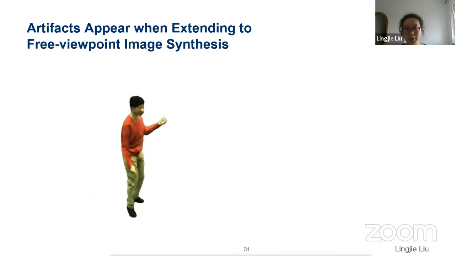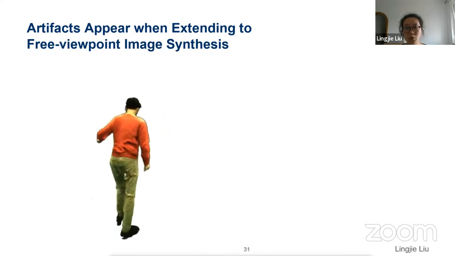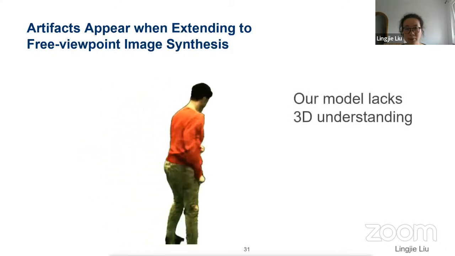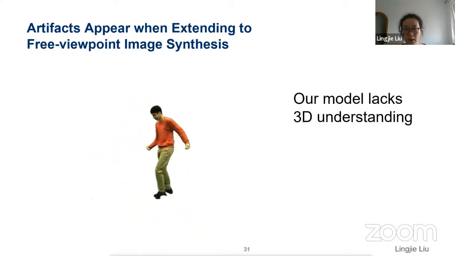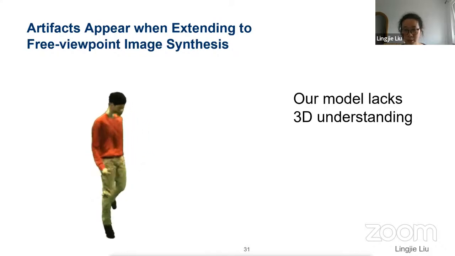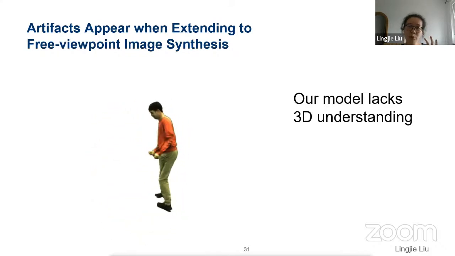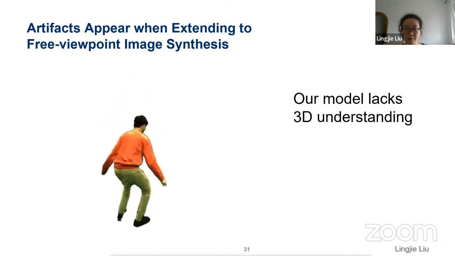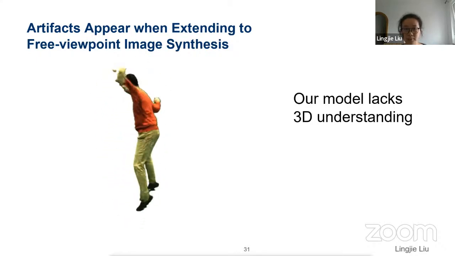Here I show the result. The performance drops significantly. This is due to the fact that this model is still optimized in the 2D screen space, so it's oblivious of 3D geometry.